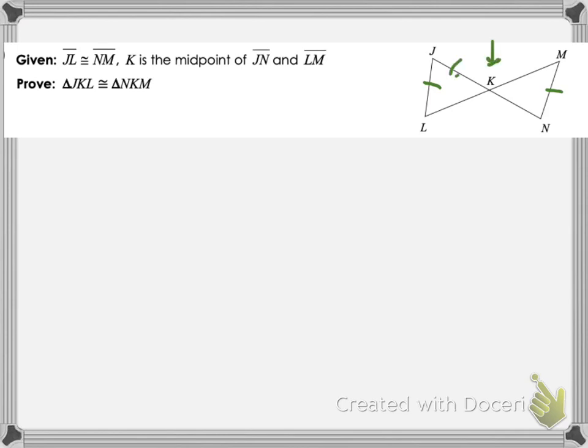So that means JK and KN are congruent. It says K is the midpoint of LM also. So that means K cuts this one into two equal parts too. Whoops, I'm supposed to have three marks there. So again, we have side, side, side. These triangles are congruent by side, side, side.